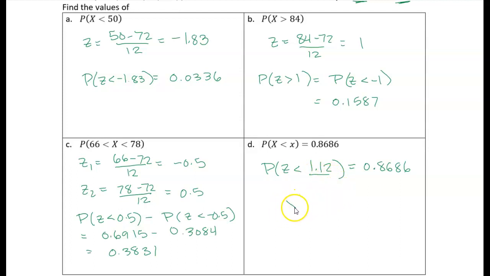You could set up the equation and solve it algebraically, but essentially we're taking the mean 72 and adding 1.12 standard deviations, and the standard deviation is 12. That's going to give you the value that you want, 85.44. So the probability that the random variable is less than 85.44 is 86.86%.